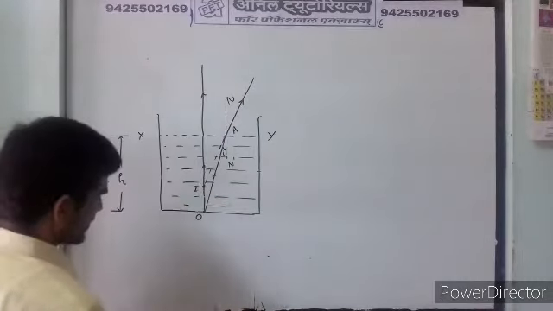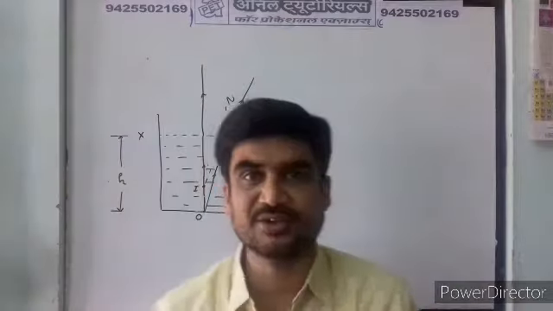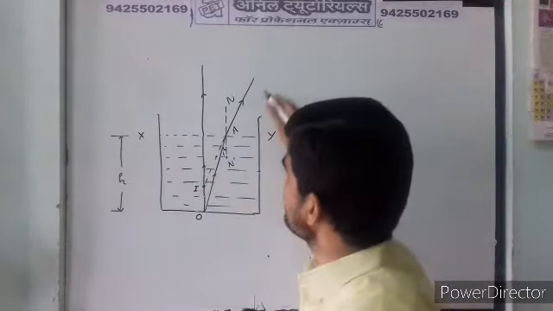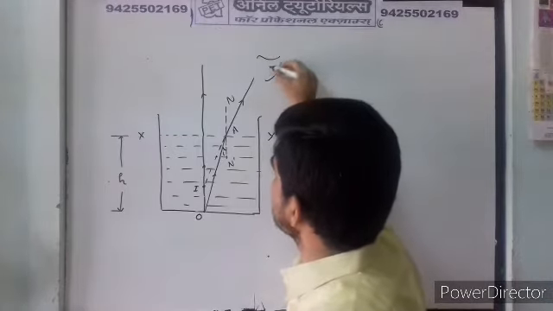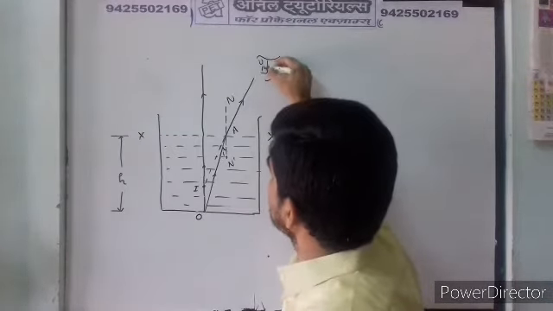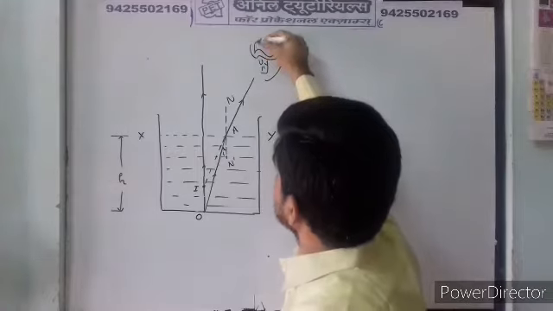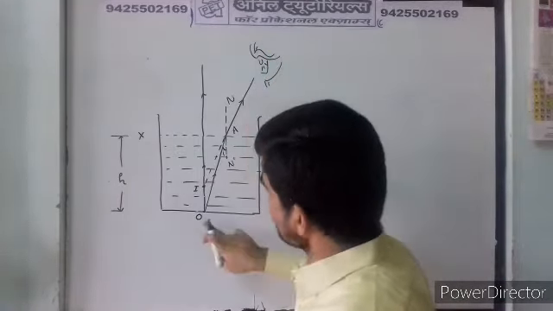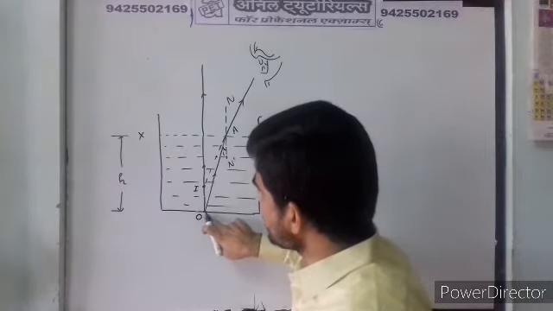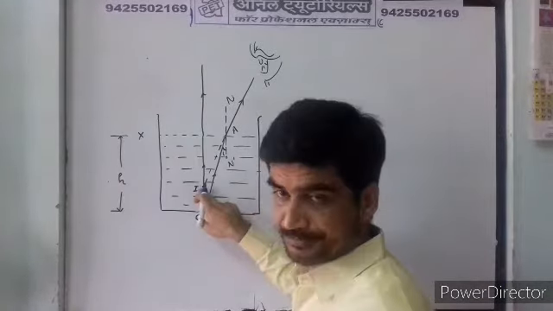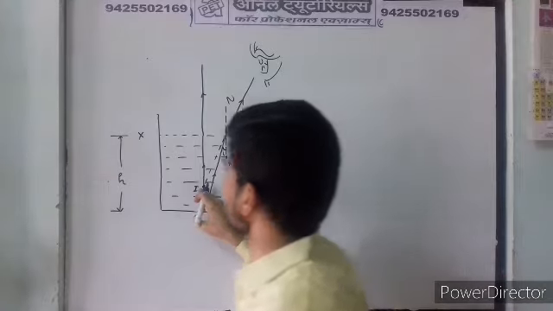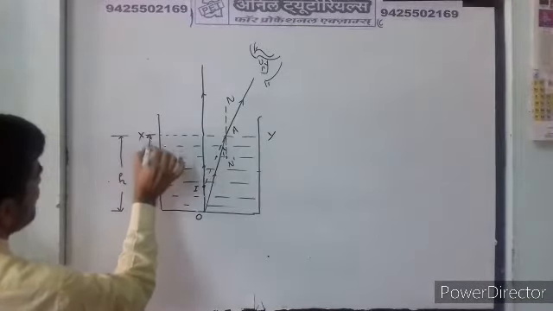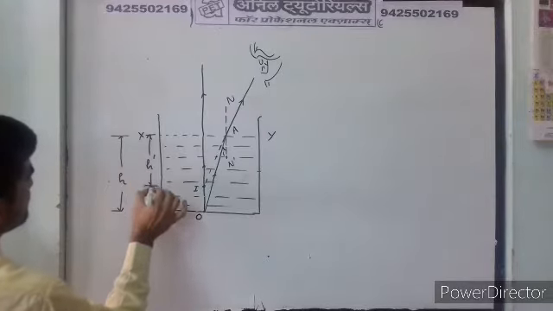So this is the point I, the point at which these two refracted rays meet virtually. When you observe from somewhere, suppose from here, the object O appears somewhere here, meaning its apparent depth is much smaller. This is its apparent depth, say h prime.